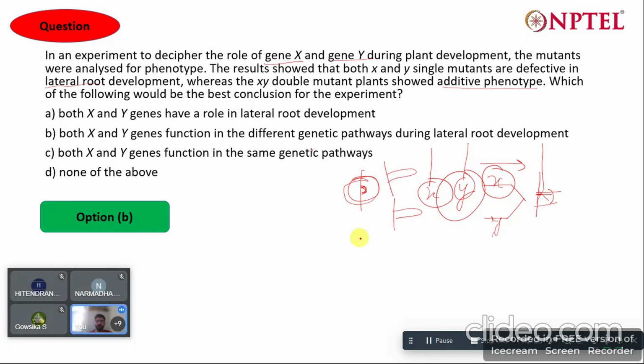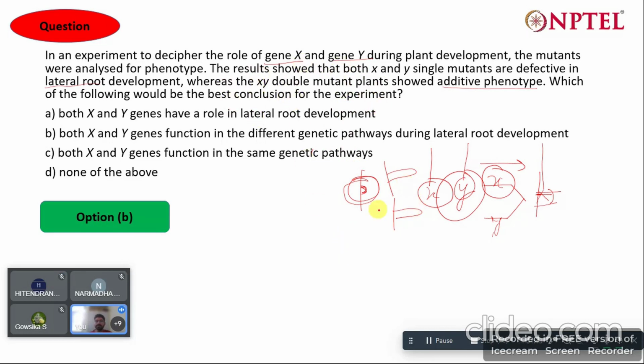Okay, any more doubts? So the additive phenotype may be over-regulatory or maybe a suppressed growth also, sir. So additive phenotype depends upon the mutant that we are generating. Okay, so in this case it will be suppression, because here we are looking for lateral root development.